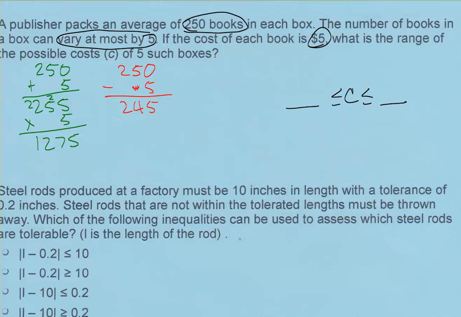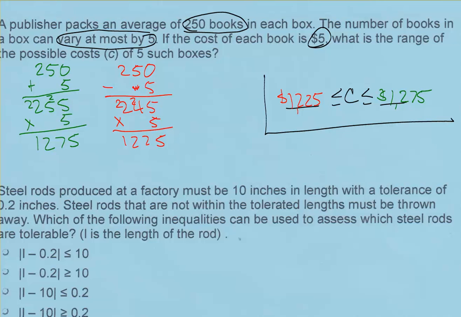And then we multiply 245 times 5, which is 1225. So our low number is 1225, and that is dollars. And our high number is 1275. And that is our answer whenever they ask for a range.